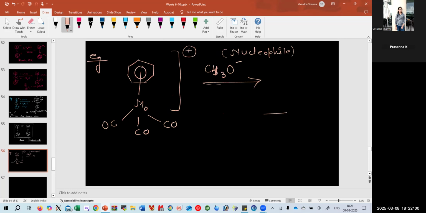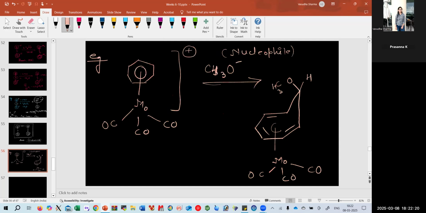What we can expect over here is that this can work as a benzene group, and the seventh center goes above, and this takes up your OCH3 and H, and all these six will coordinate with molybdenum, carbonyl, carbonyl, and carbonyl. So this is where the addition of the nucleophile happens onto your C7H7 ligand.